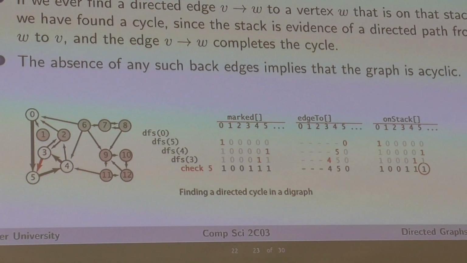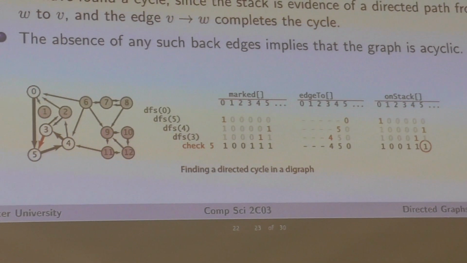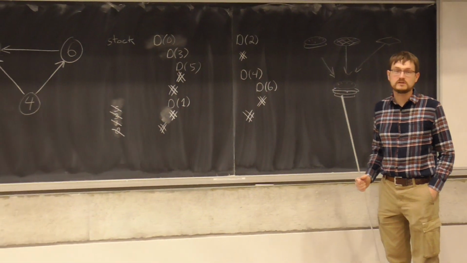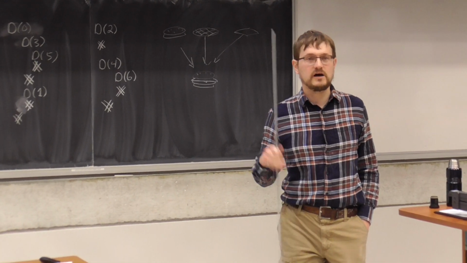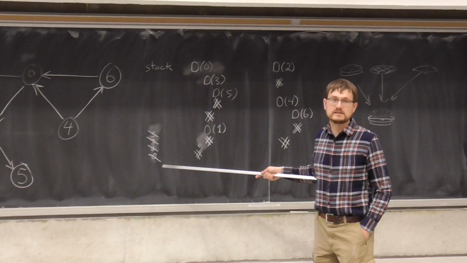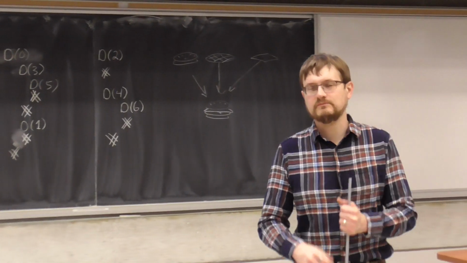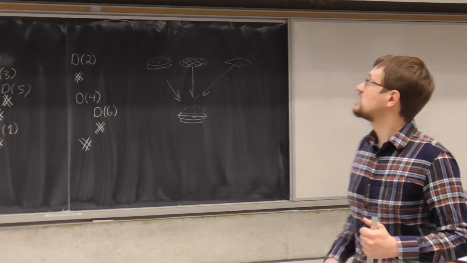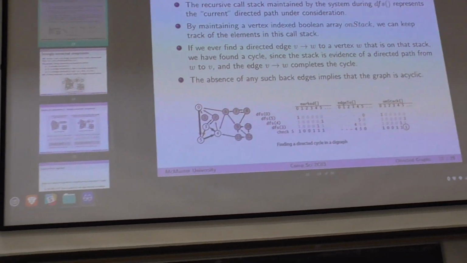Marked is preserved through subsequent calls to depth first search at the top level, whereas the on-stack is not. So on-stack is cleared when the stack is cleared, right? And on-stack is cleared as things are removed from the stack, right? So in this, again, I have a problem with the text using two specific examples.